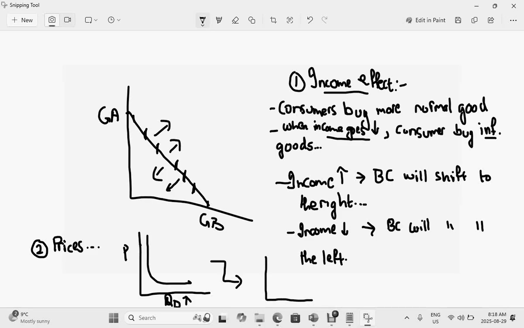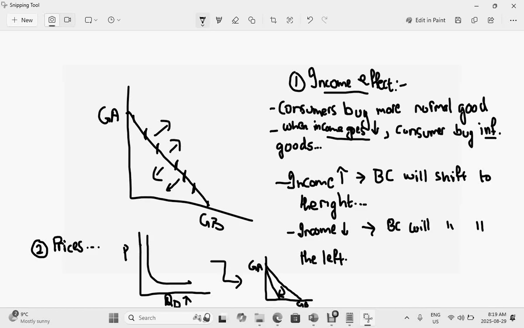When the prices go up, based on the budget that you have, the budget constraint line between good A and good B will rotate clockwise. So rather than a shift of the curve, you have a rotation of the curve.